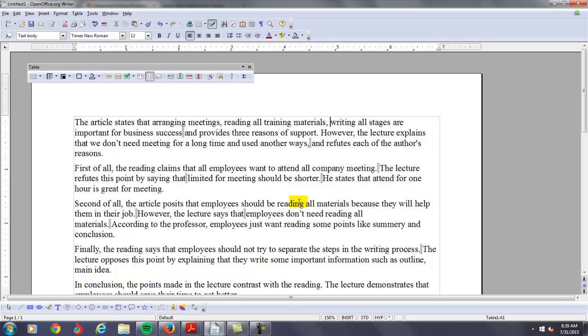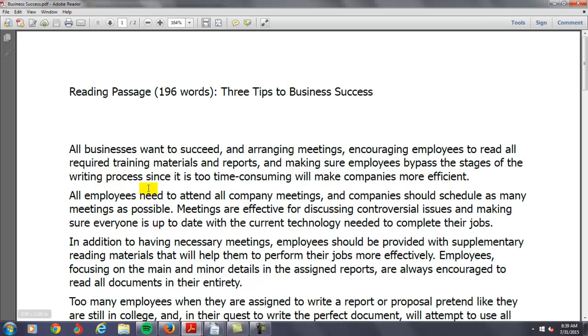Now this idea, if we look at the actual reading passage here, it's not just writing all stages, but it's bypassing the stages or skipping the stages of the writing process, since it is too time consuming.